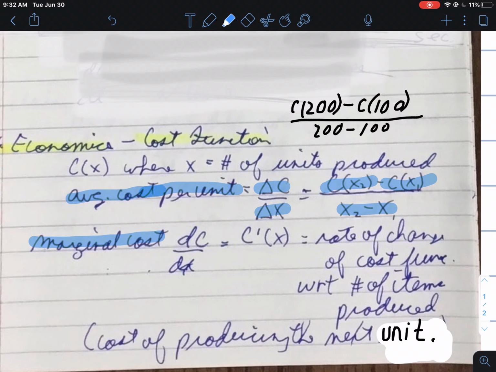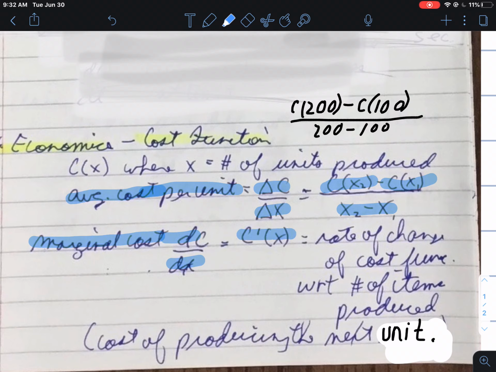But since it's the rate of change in the cost, that's our derivative. So here I'm using dC dx because it's the change in cost per change in units produced. That's the rate of change in the cost function, which is our derivative. That's C prime of x.